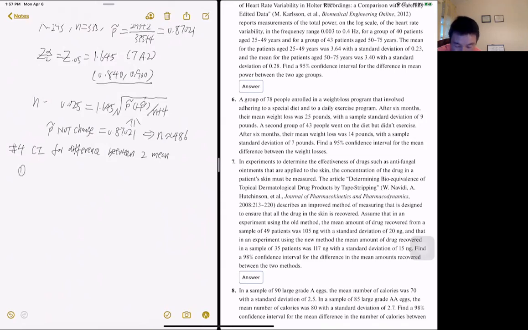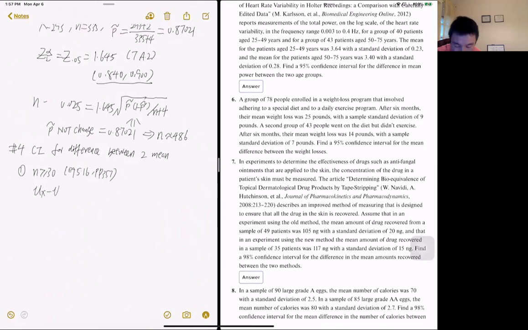If the sample size is large, so larger than or equal to 30, we're going to use equation 5.13 on page 357. Okay, so the equation is here.